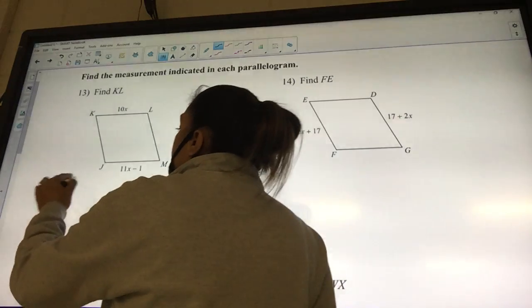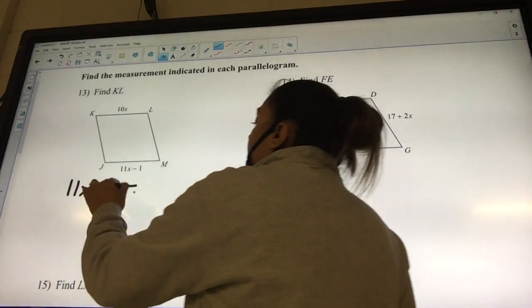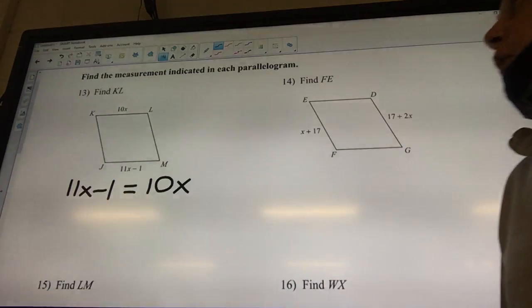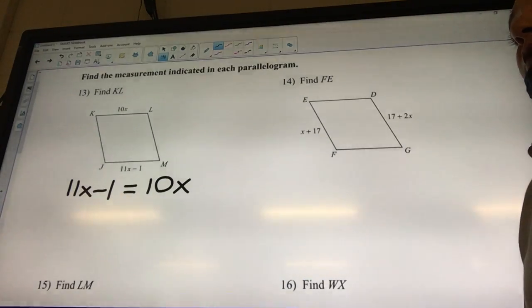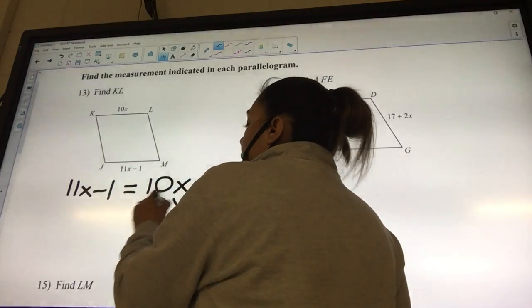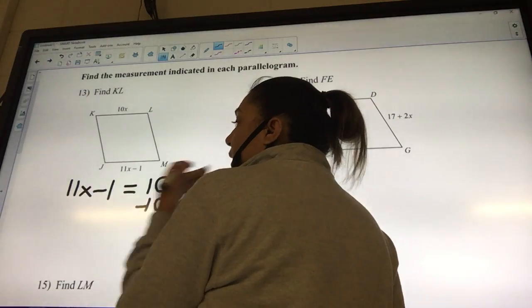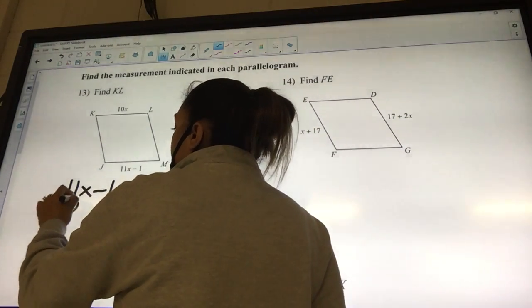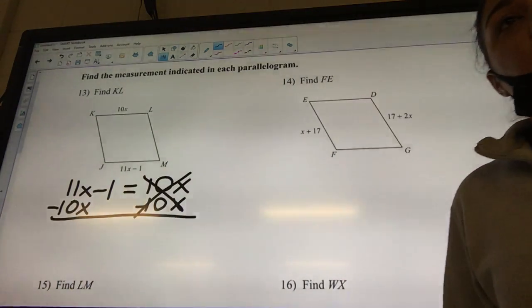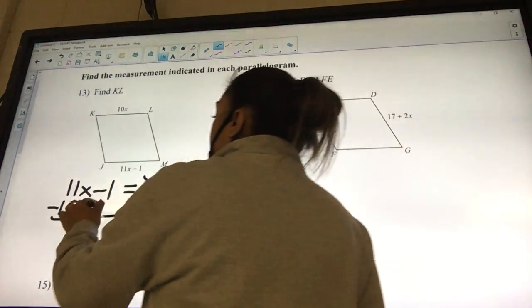11x minus 1 equals 10x. Now I need to move all my letters to the left and my numbers to the right. So minus 10x. And where does that get put under? The 11x. What else needs moved? The negative 1. And so I say plus 1.